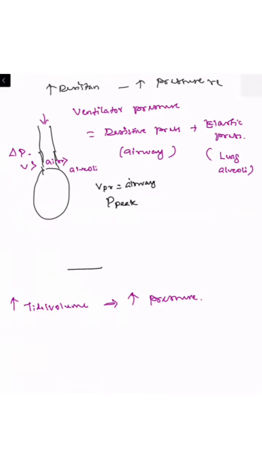So during the inspiration, we need to give some amount of pressure inside the lung. At maximum, you are giving the P peak. Following that, the airway pressure and alveolar pressure will equalize during the plateau phase, which is known as P plateau.